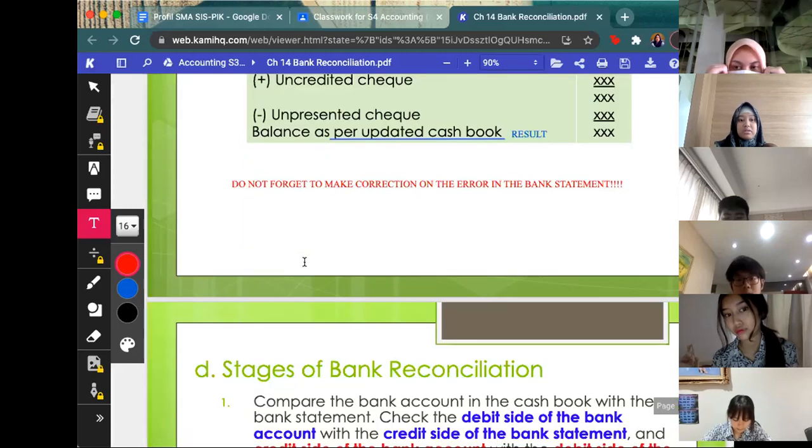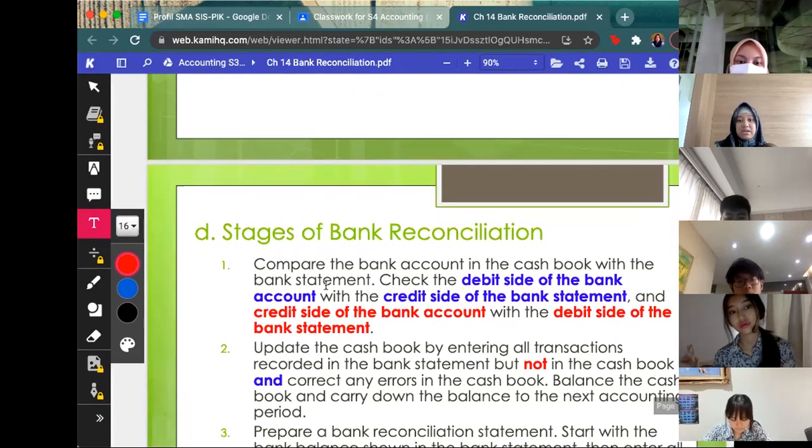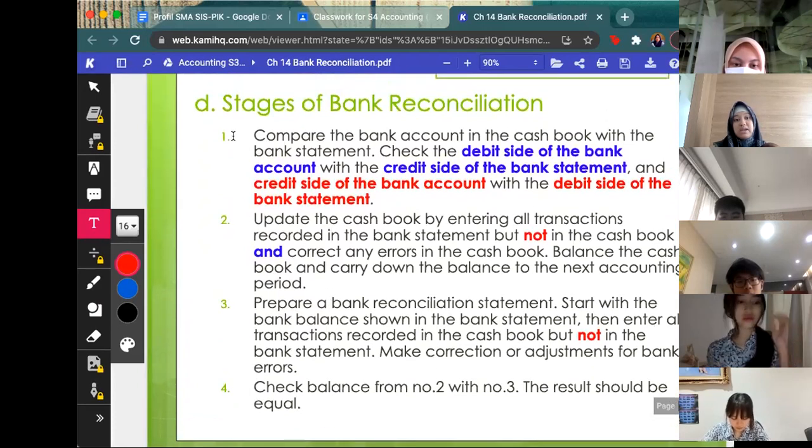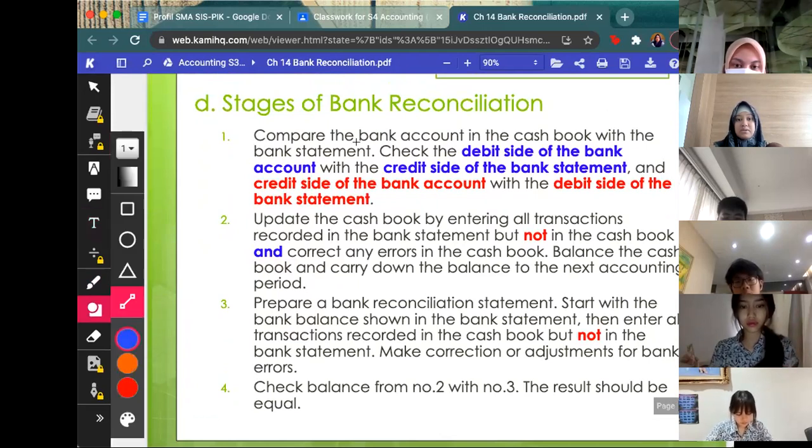Clear, yeah? Okay, continue. Stages of bank recon. Now we continue to the stages of how we make corrections. First, you must compare the bank account in the cash book with the bank statement. How?